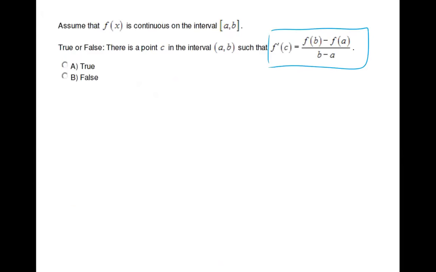What are the conditions? It is false. What are the conditions for the mean value theorem? Something is missing. What are the two hypotheses for the mean value theorem? Yes, thank you very much. The function must be continuous plus differentiable.